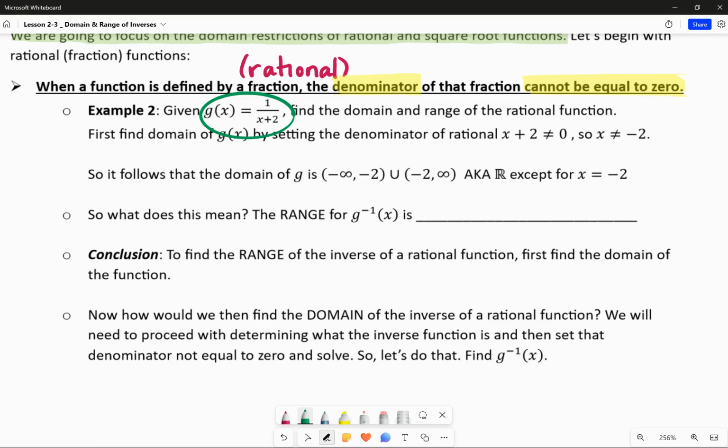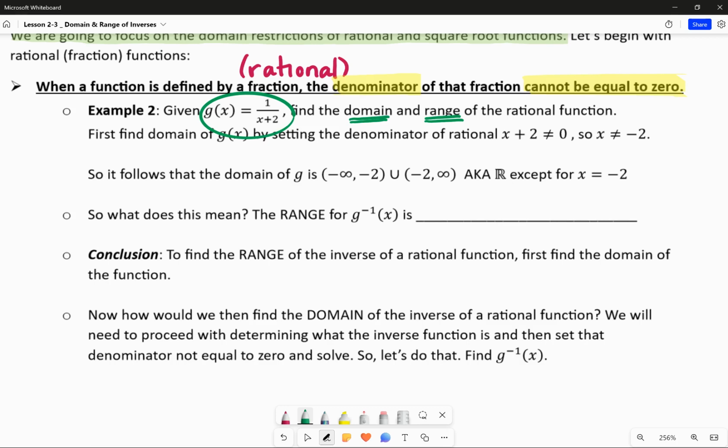Okay, so I want us to first find the domain and range of this circled green quantity. Okay, so I want to go find the domain and I want to find the range. All right, now first let's find the domain of this function.